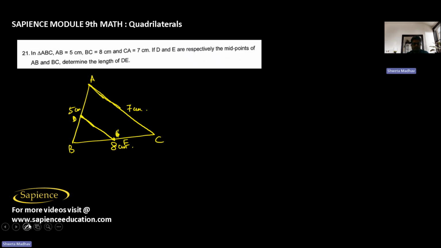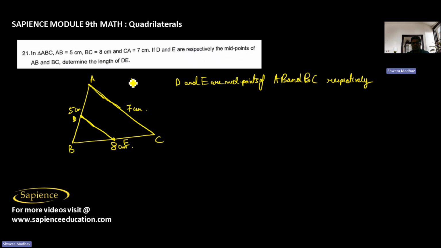So now here D and E are midpoints of the sides AB and BC respectively in triangle ABC, which is given.